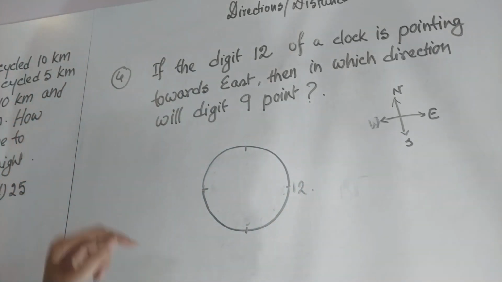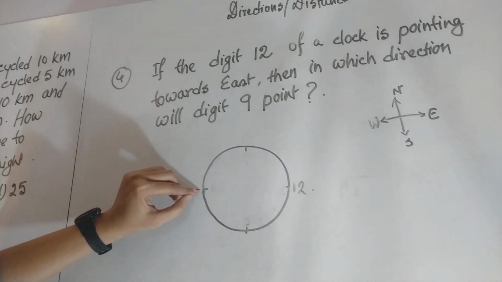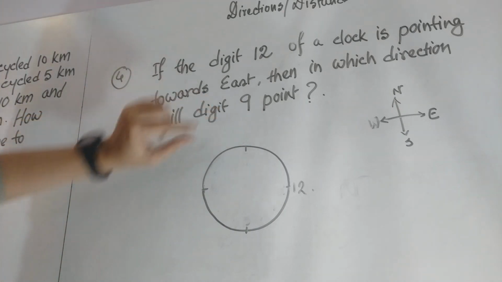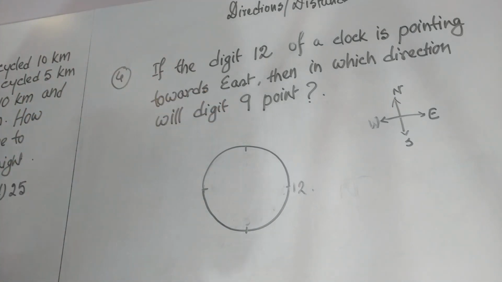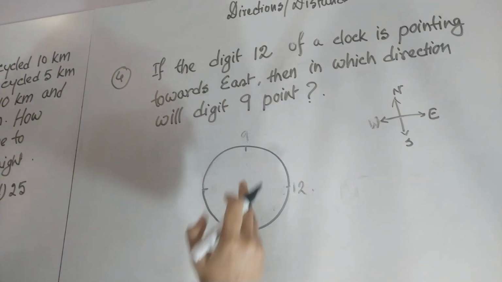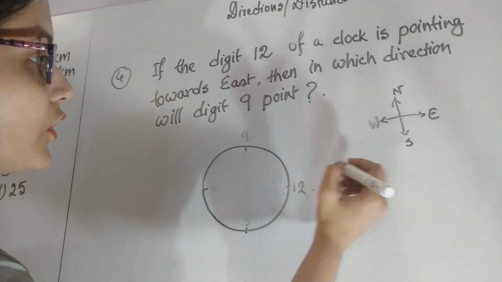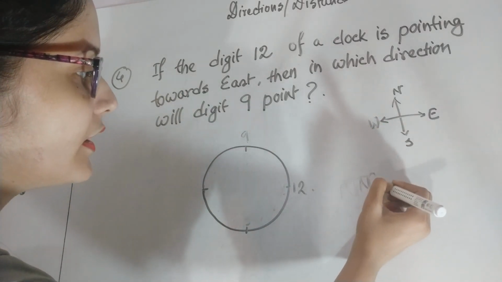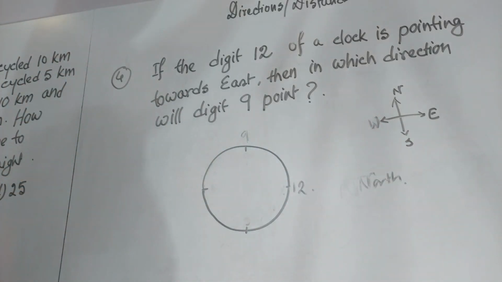Normally 9 is here, so here 9 will be shifting from here to here, so 9 will be in the northern direction. So north will be the answer.